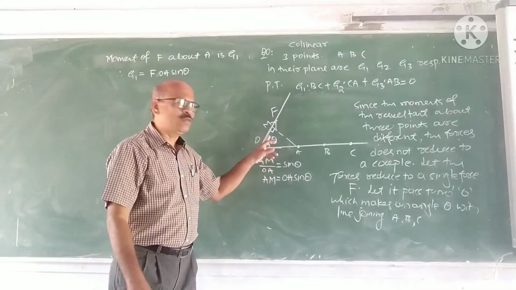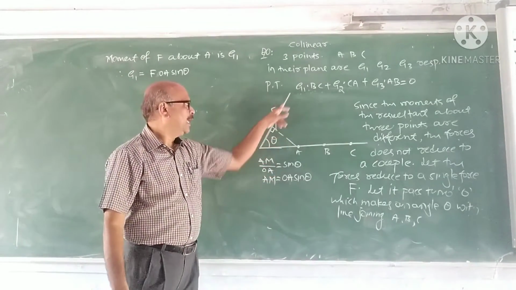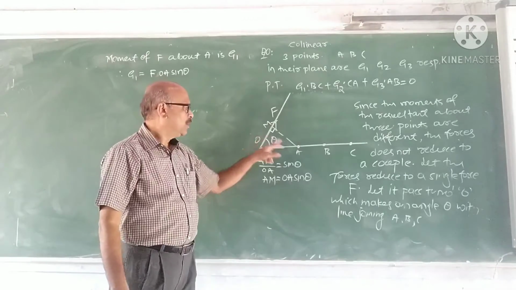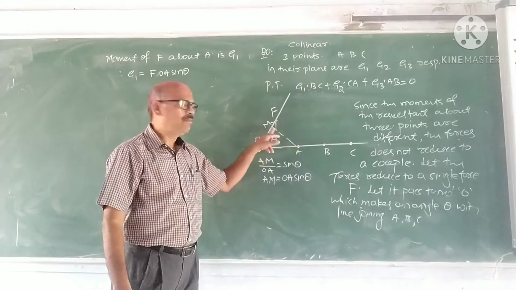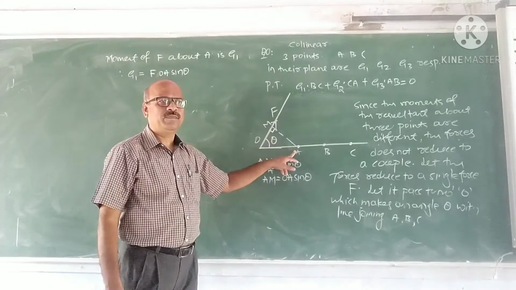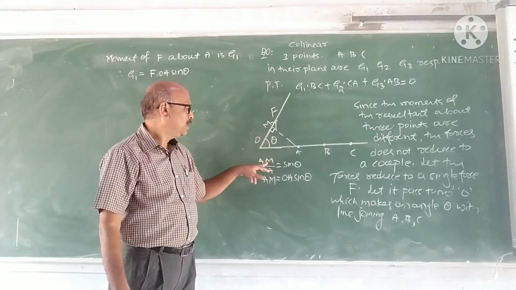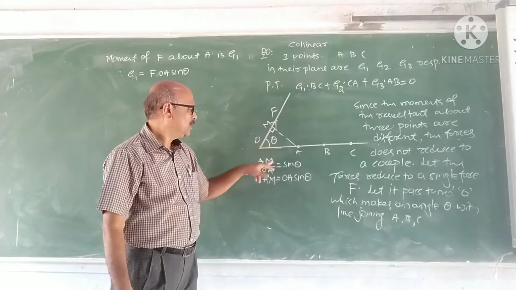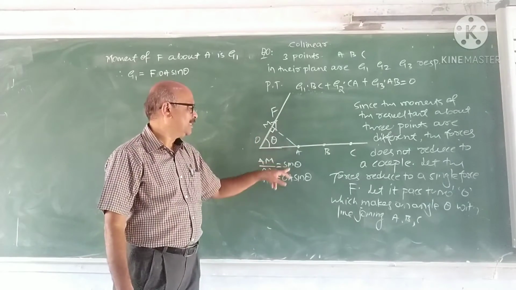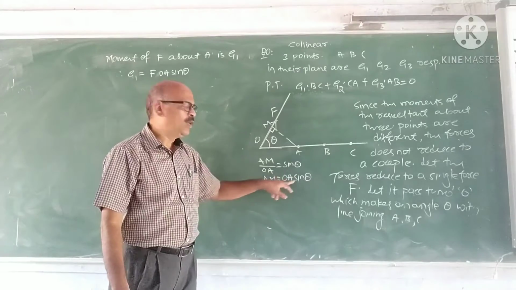Moment means force into perpendicular distance. The line of action of the force is F. Moment is taken about A. Therefore, F into perpendicular distance. How to find out AM? AM upon OA is sin theta, so AM is OA sin theta.